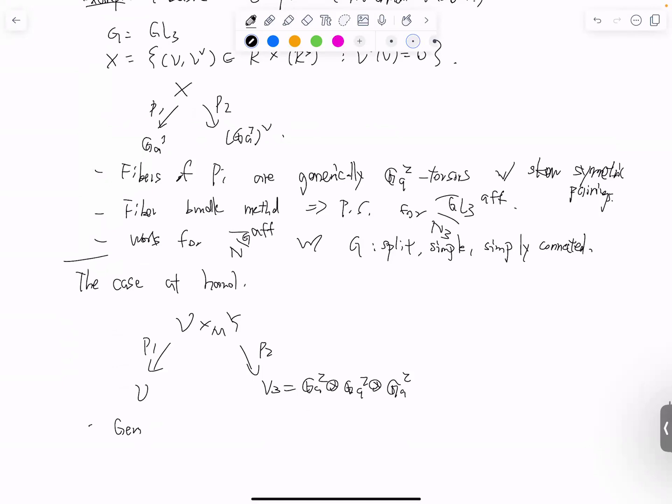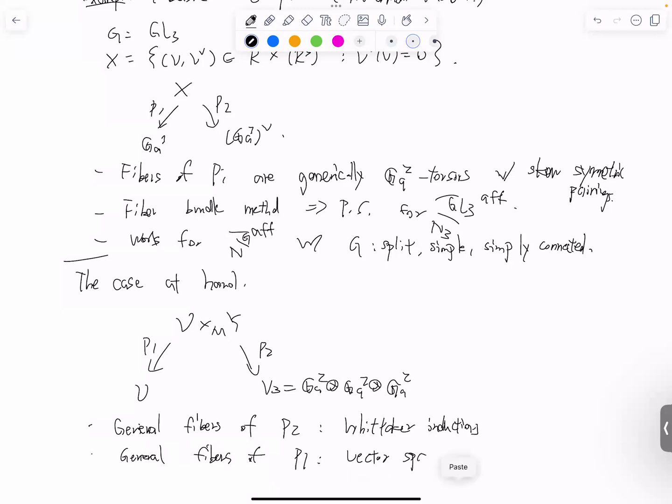So the general fibers of P2 are Whittaker inductions, and the general fibers of P1 are vector spaces of rank 4.